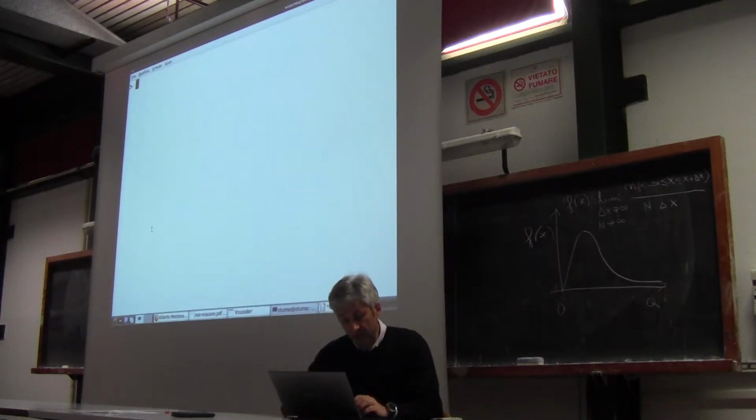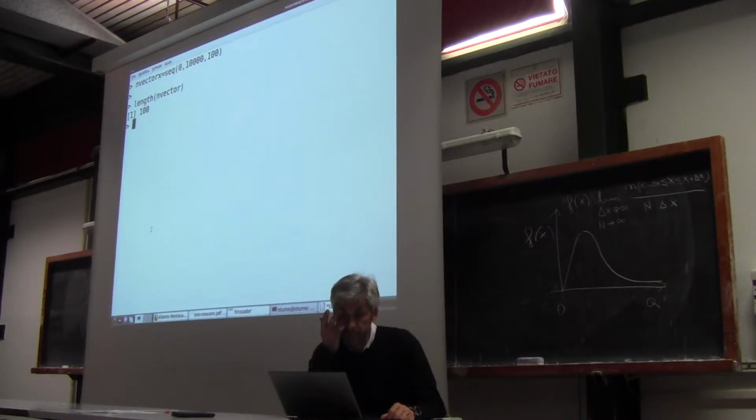So I think that we may write in this way: n vector x is equal to sequence 0, 10,000, and the step is 100. Let me see what is the length, because I think I put one too many.